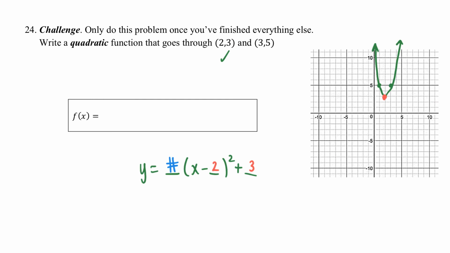Maybe I should write this out. So if I plug in 3 for x, you've got 3 minus 2 squared plus 3. What do we get here? So we get 1 squared plus 3. So that's 4. So we want to get 5 when we plug in 3 for x. So I can't change the 3, but I could feasibly put a number in this box right here that would make this equal 5, right?